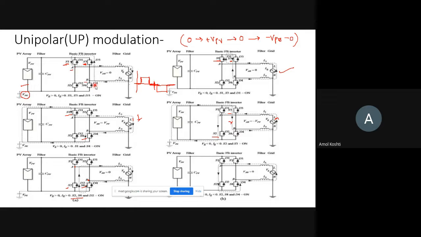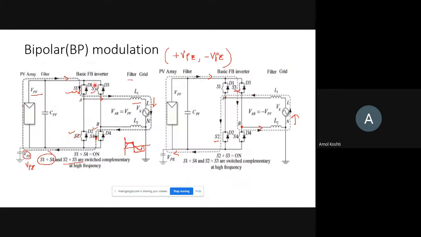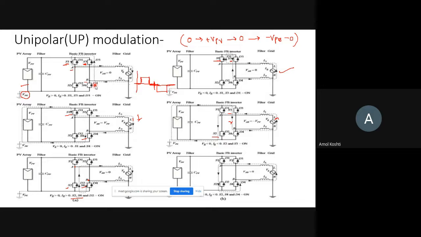While switching, either in bipolar or unipolar modulation, a high frequency signal is used, which we call the carrier signal in the PWM modulation techniques. With that high frequency, these switches are switched.